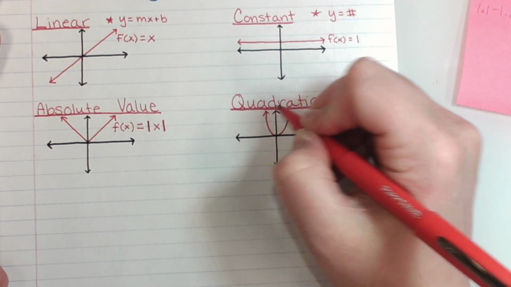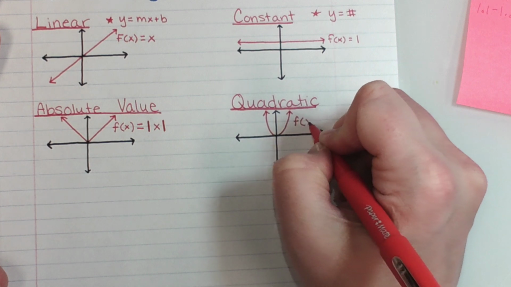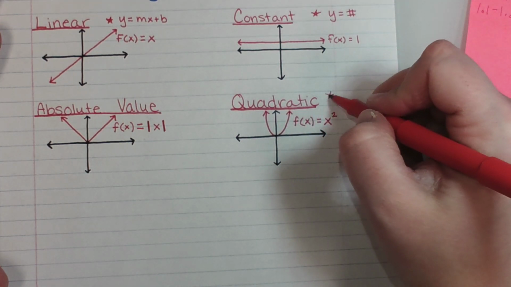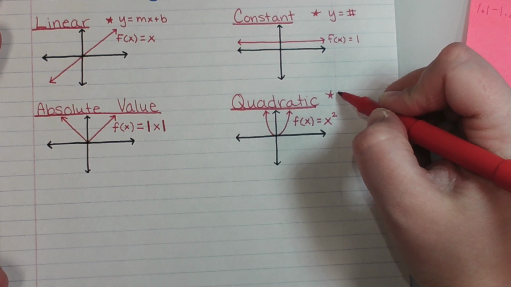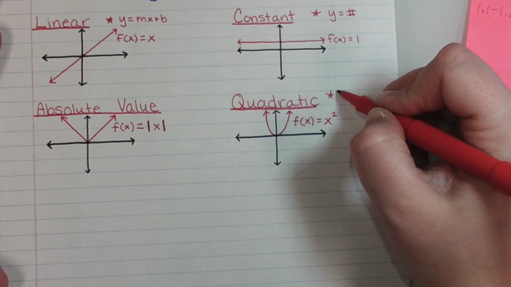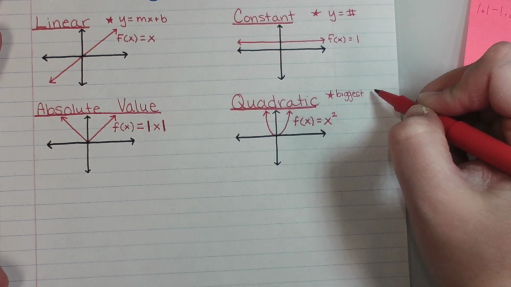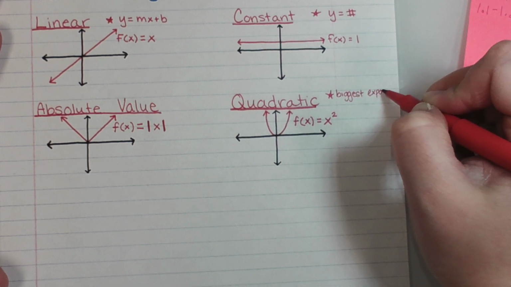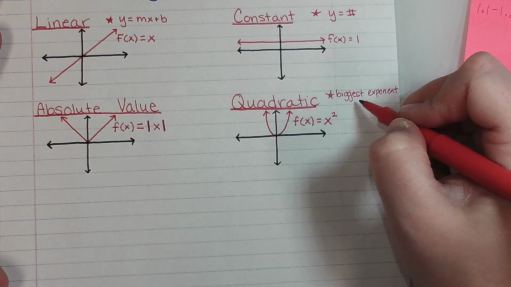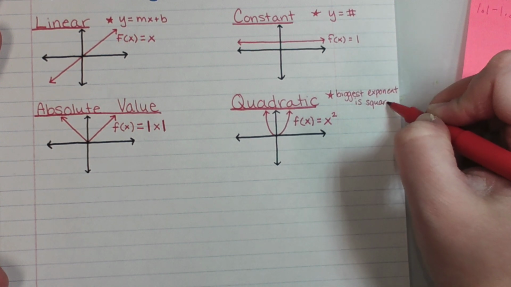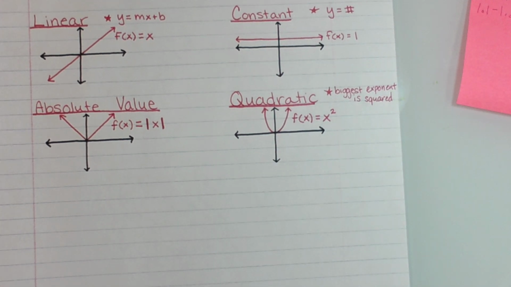The most basic quadratic function is f of x is equal to x squared. What makes something quadratic is that its biggest exponent is squared. And yes, it does have an exponent. Doesn't get bigger than 2, doesn't get smaller than 2. Biggest exponent is 2. It is squared.